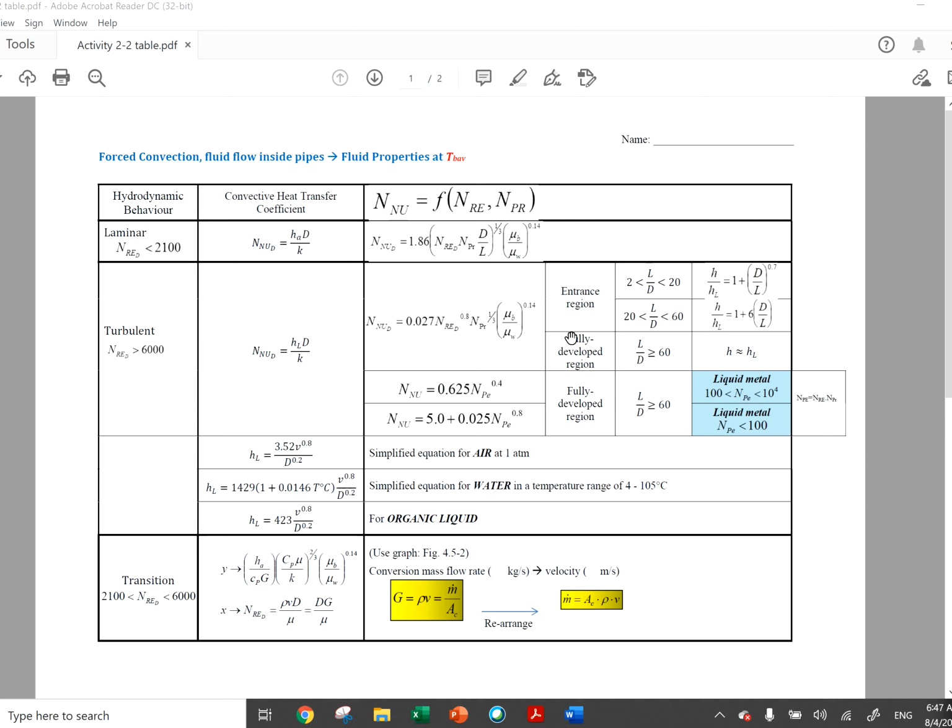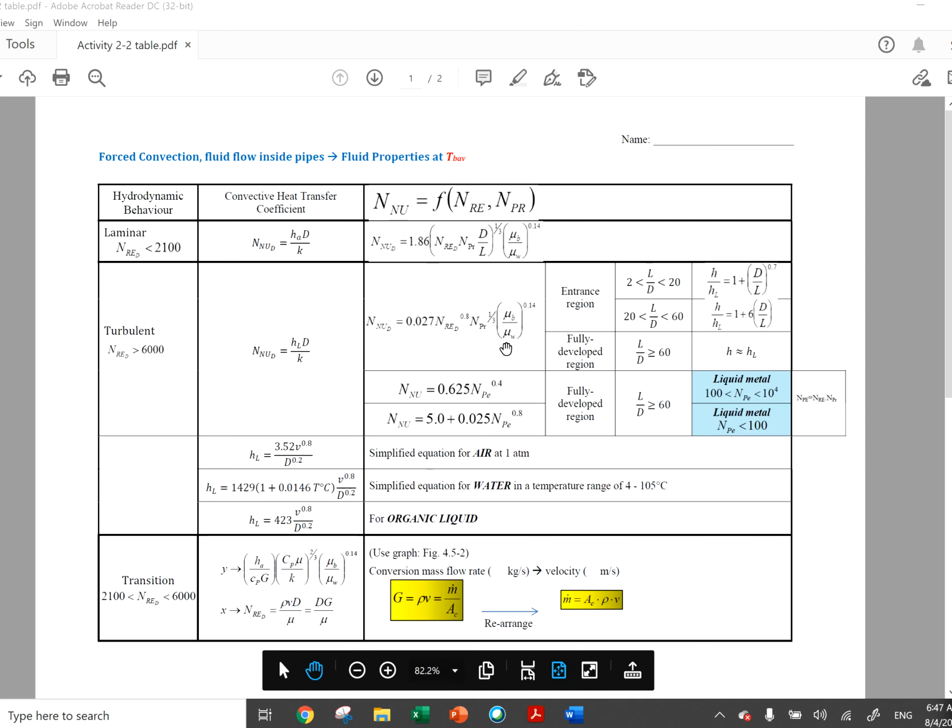And since we are at the fully developed region, which is L over D higher than 60, this is the equation required: Nusselt number equals 0.027 times Reynolds number to the power of 0.8 times Prandtl number to the power of one third times viscosity in bulk divided by viscosity at the wall to the power of 0.14.